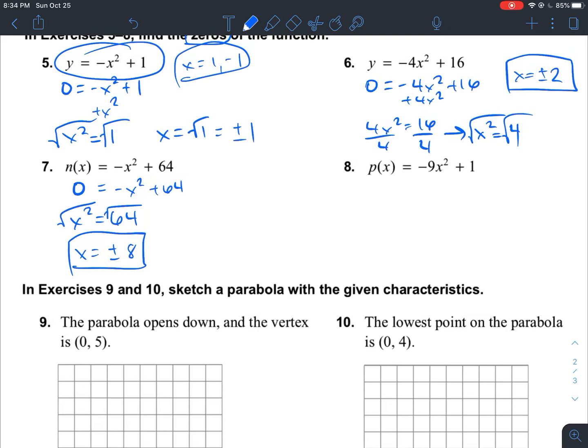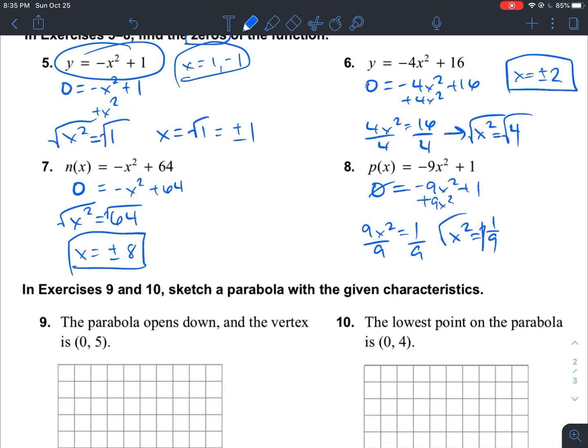For p of x, set it equal to 0. So 0 is equal to negative 9x squared plus 1. So I'm going to add 9x squared. So I have 9x squared is equal to positive 1. Divide by 9. So I know x squared is equal to 1 over 9.